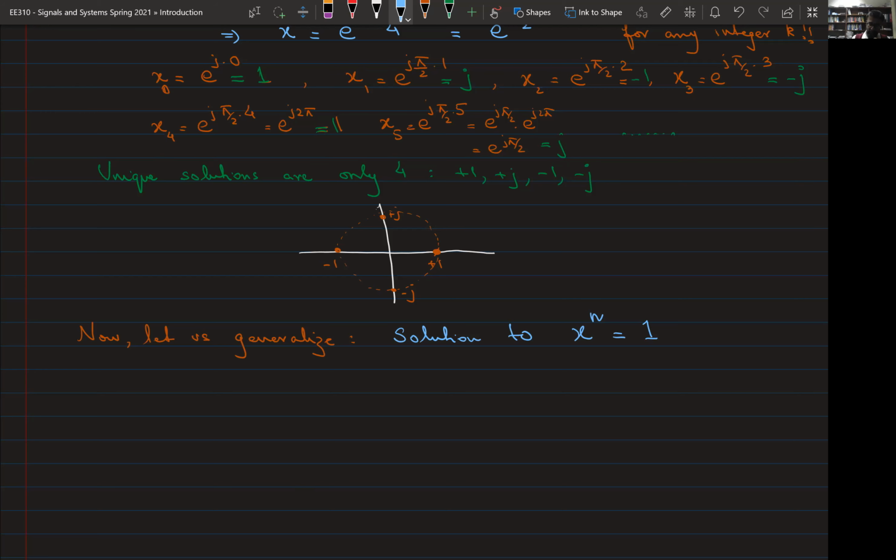So I have that x raised to power n is e raised to power j 2 times pi times any integer k. And this implies that x is e raised to power j 2 pi by n times k, for any integer k.